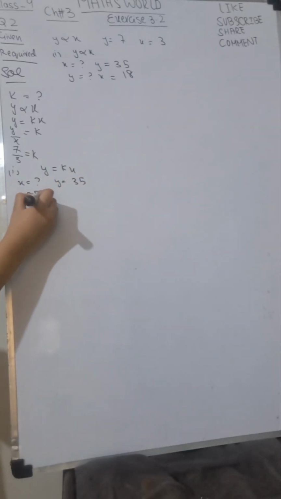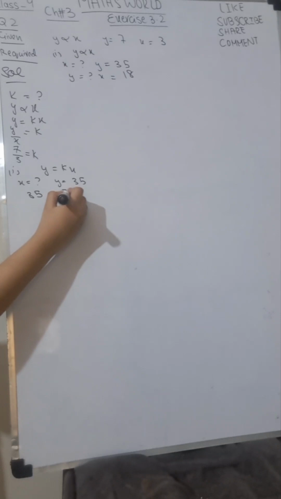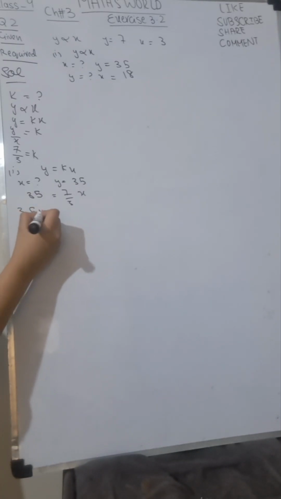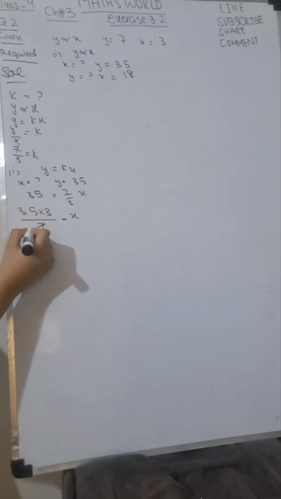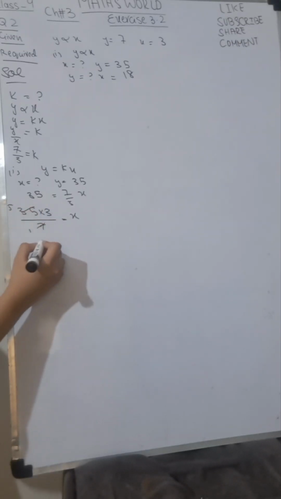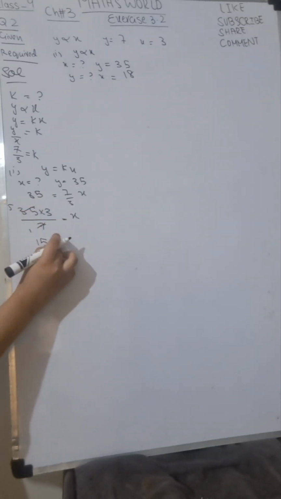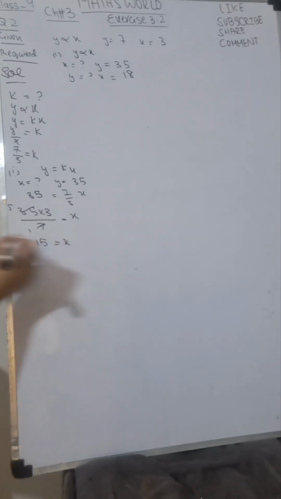So 35 is this, k is 7 by 3, and x is to be found. So what you can do is multiply 35 by 3 and divide by 7. So 7 1s are 7, 7 5s are 35, and 5 3s are 15. So this is the value of x.